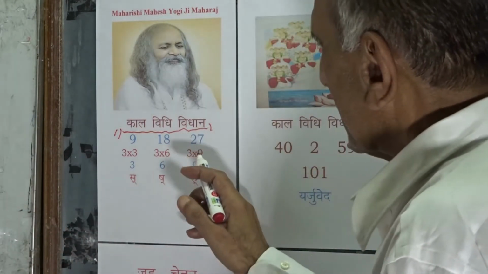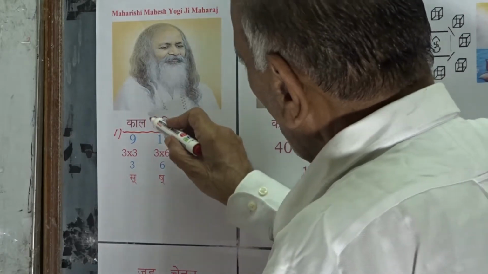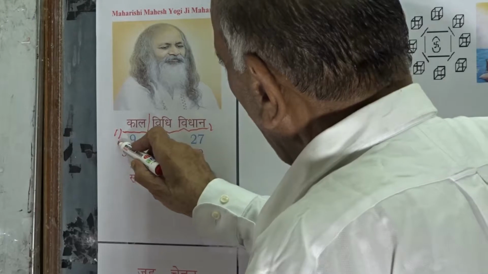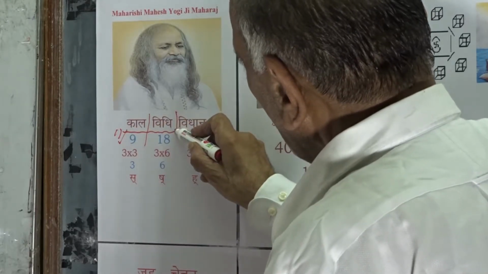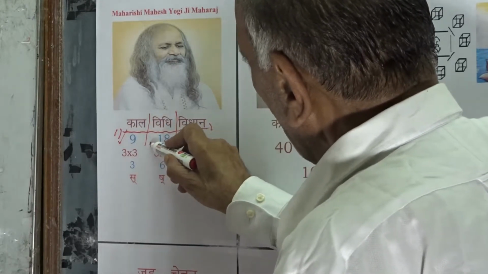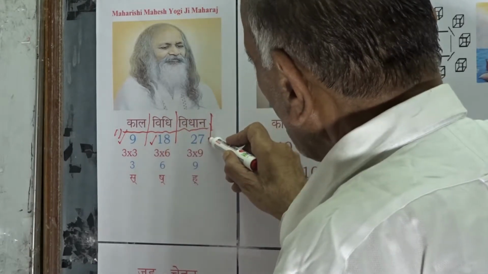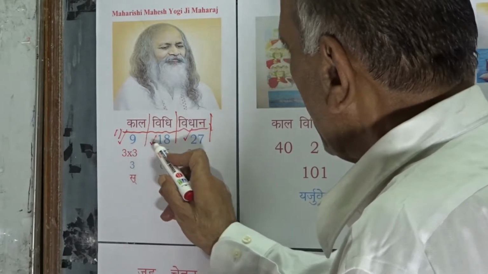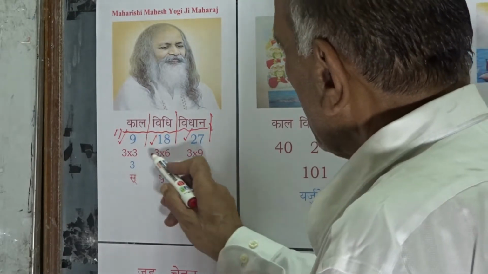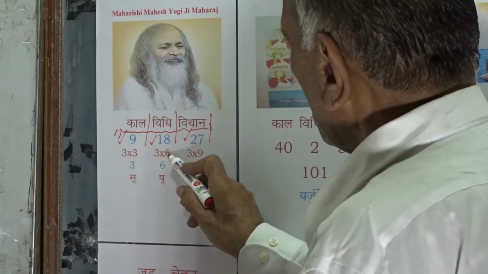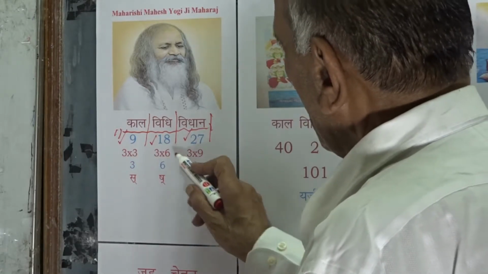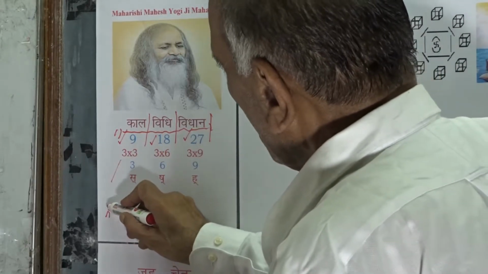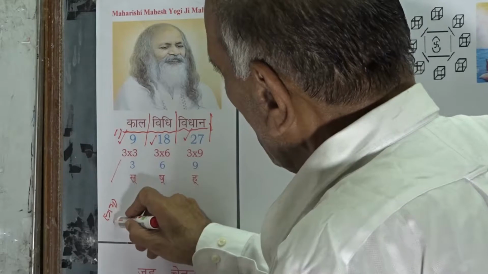When this transcendental content fulfills, so we know the Kal is the formulation which is having TC value 9, Vidhi is the formulation which is of TC value 18, Vidhan is the formulation which is the value 27. See, triple values 9, 18 and 27 accept an organization 3 into 3, 3 into 6 and 3 into 9. That means it takes us to value when 3 as 3 is equal to 1.